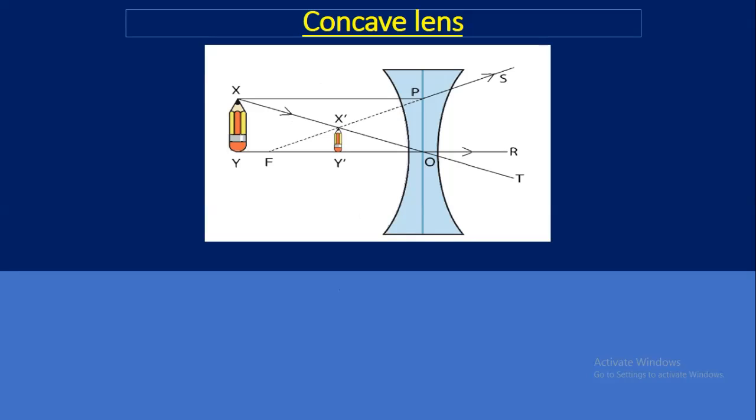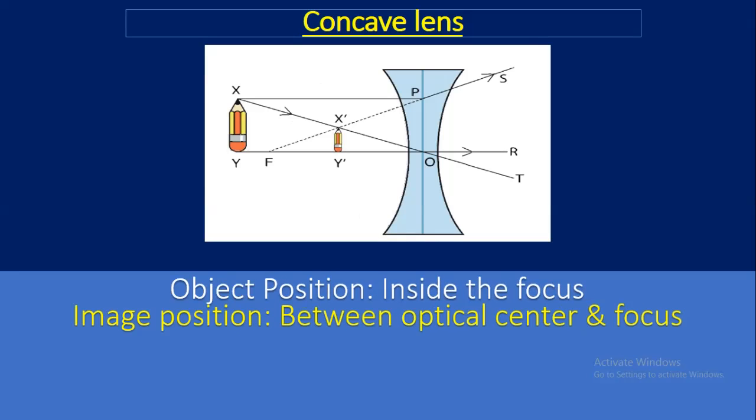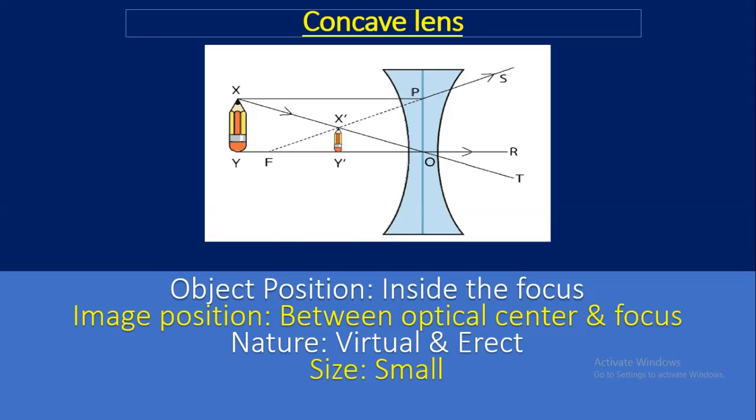Here XY is the position of the object, and X'Y' is the position of the image. The object position is inside the focus, and the image position is between optical center and focus. The nature of the image is virtual and erect, the size of the image is small, and the magnification is less than 1.